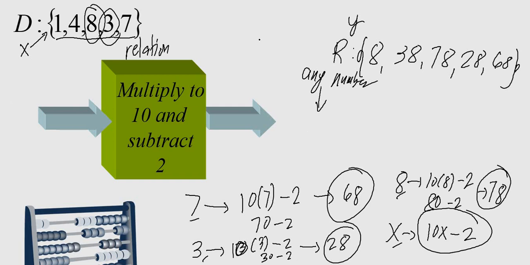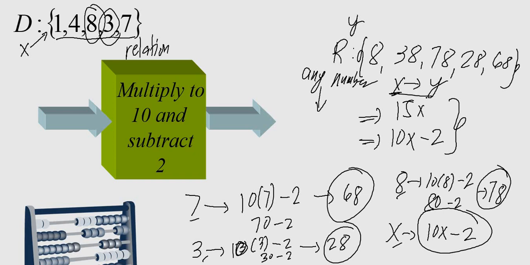So, we already had two specific relations. The one wherein it is 15 times the given number and 10 times the given number minus 2. And these specific relations somehow give us only one number for y given a specific number x. And we're going to look more into these relations in the next video.